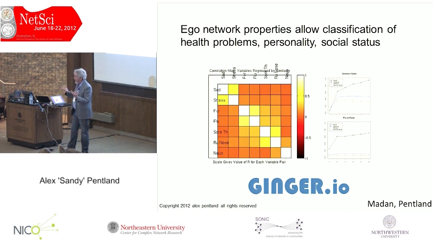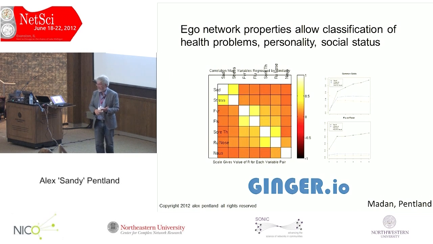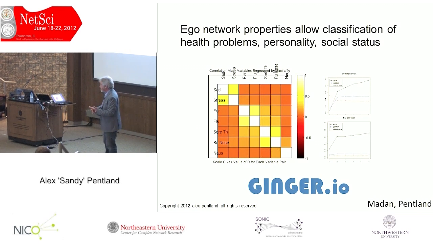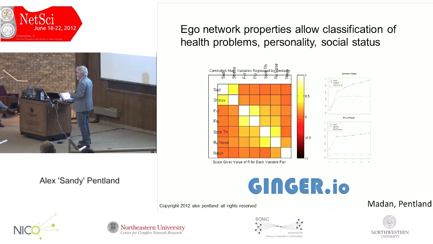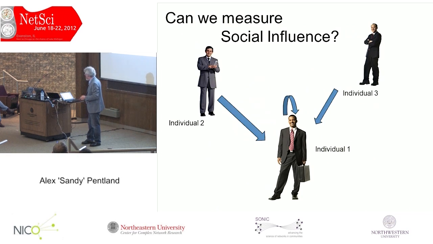We found that ego network properties for those various networks, not one network, many networks, could accurately diagnose health problems, like onset of the flu, onset of gastrointestinal problems, non-clinical depression. And you could also estimate personality with some accuracy and so forth. And Matt Amnall, who's the student who was in charge of this project, has gone off and formed a company, Ginger.io, which is now doing that on a large scale commercially.